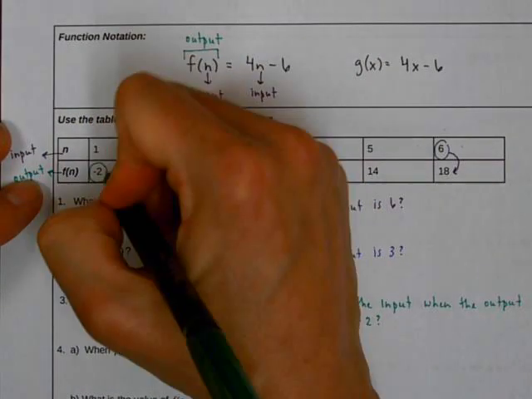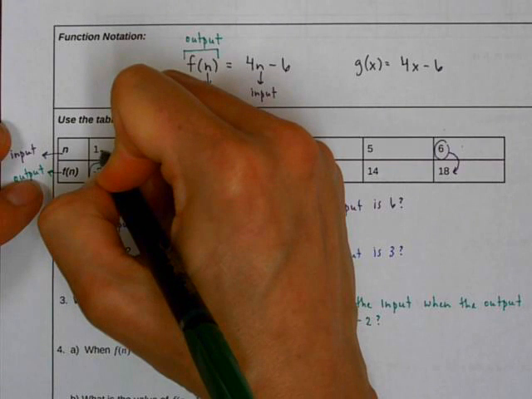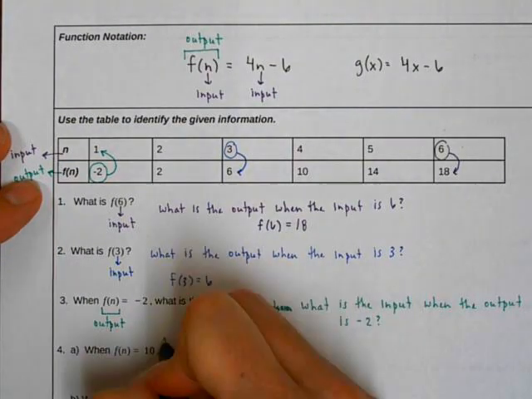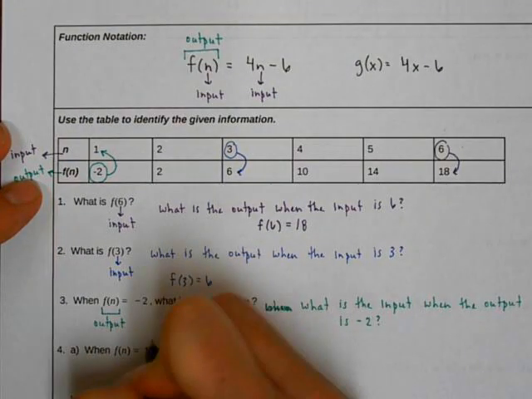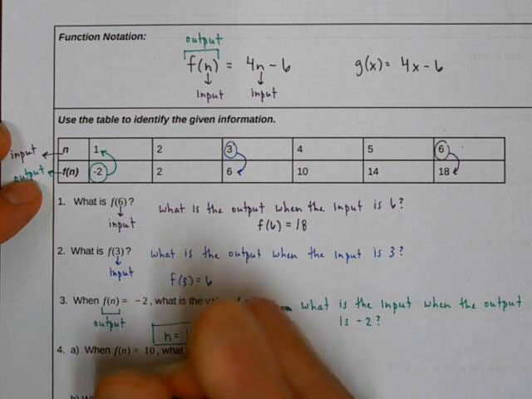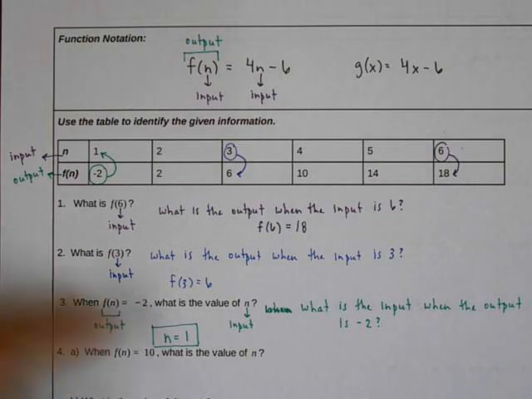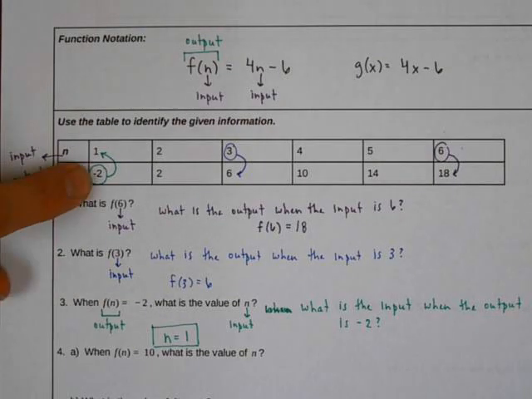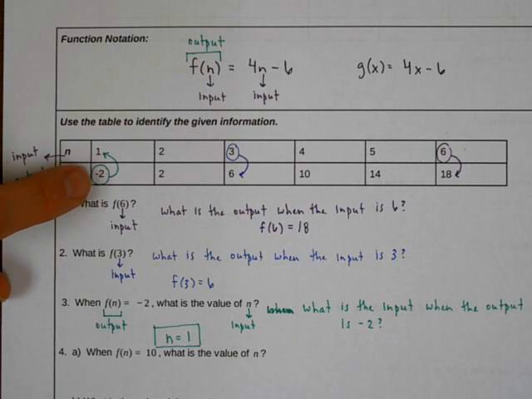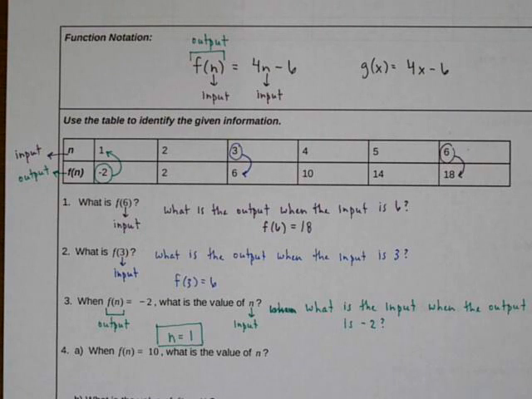And now I'm looking for the n value, the input that goes with it, and I would say now n equals 1. So again, the question being asked was a little different. In this case, they gave us the output, so that's why I looked for -2 in my f of n row, and then looked up to find the n.